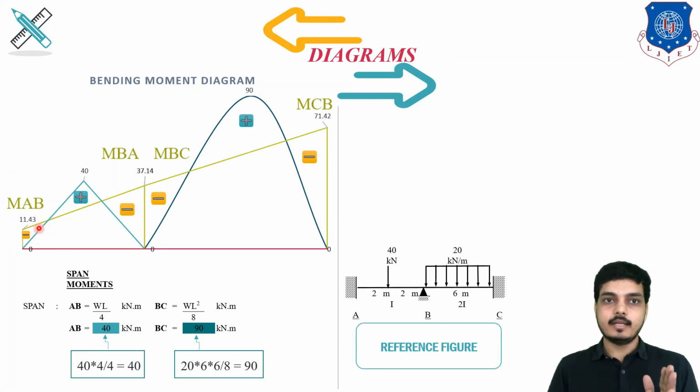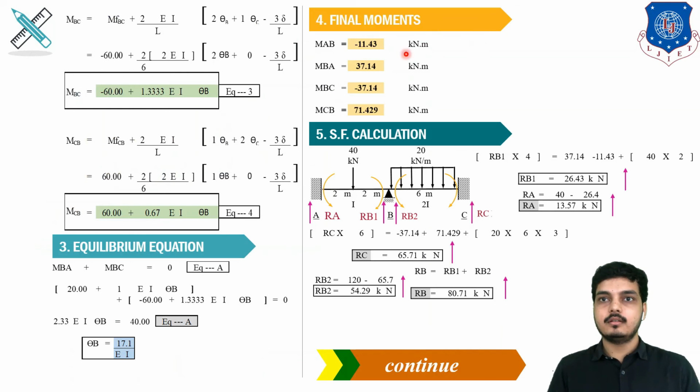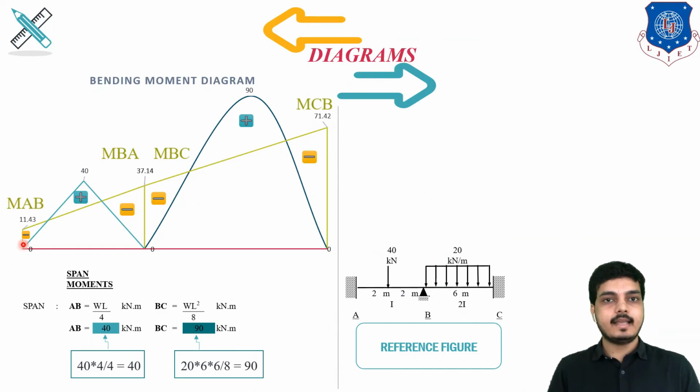So taking minus 11.4. And for the right side, the value MBA is 37.14, which is positive. So if it is negative on the left side, so up, and for the right side it should be positive, so 37.14, so we have placed it upward.